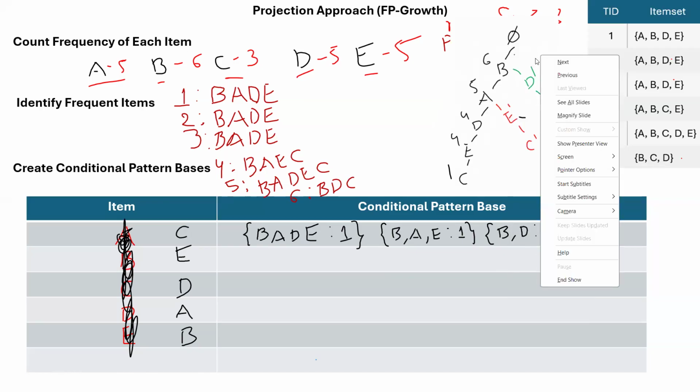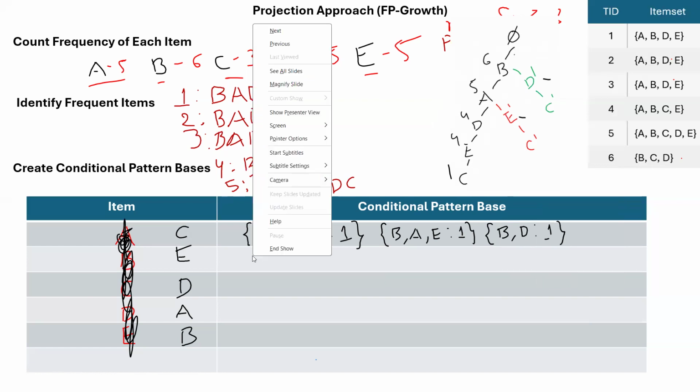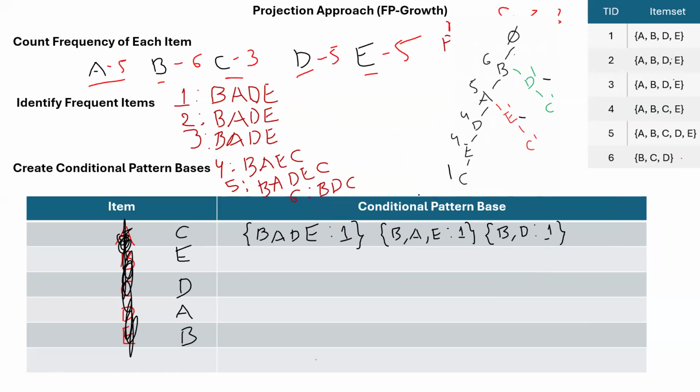What are the conditional pattern basis for E? It's the same. Let's just find out how these are ending. What are the paths that are ending at E? BAD is ending at E, and the support of E at that point is 4.